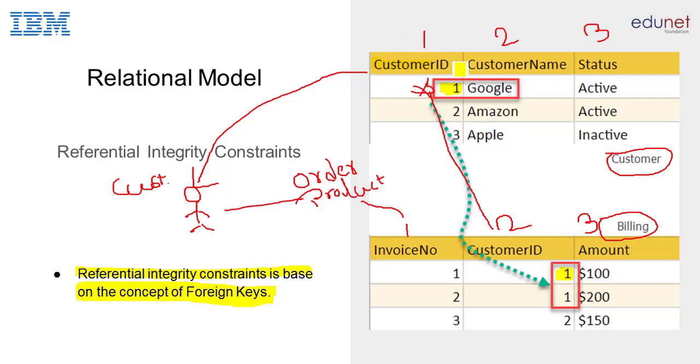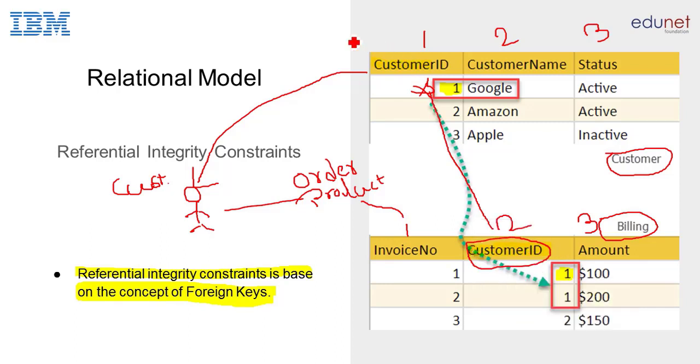It means the primary key of one table is the foreign key of another table. Here, this customer ID is acting as a primary key, and here this customer ID is acting as a foreign key.